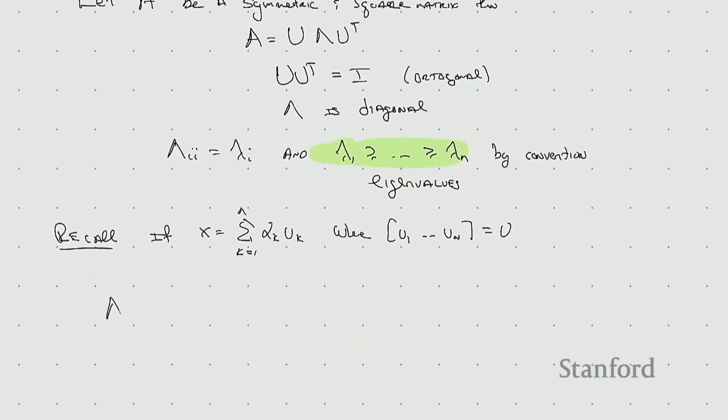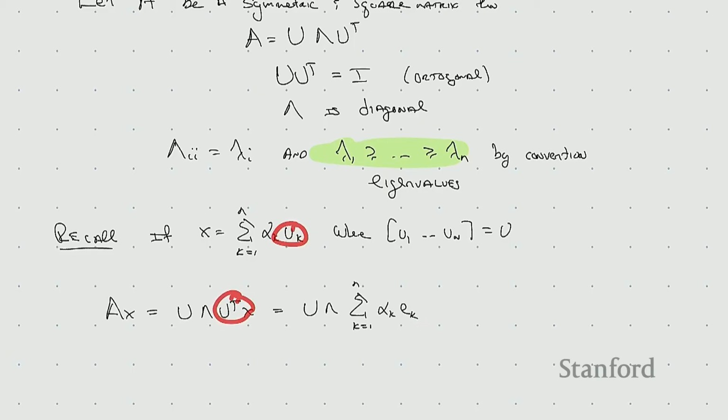We can write Ax is equal to u lambda u transpose x. This is equal to u lambda sum k equals 1 to n, alpha k ek. Let me write it like this. Alpha k ek, what's gone on here?